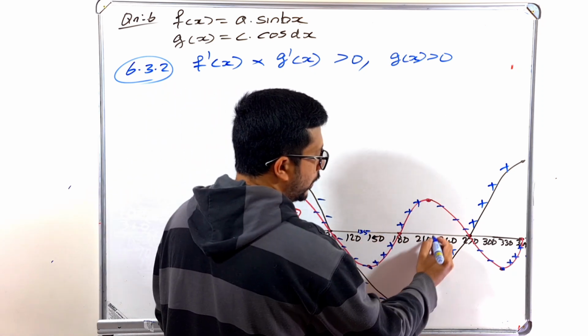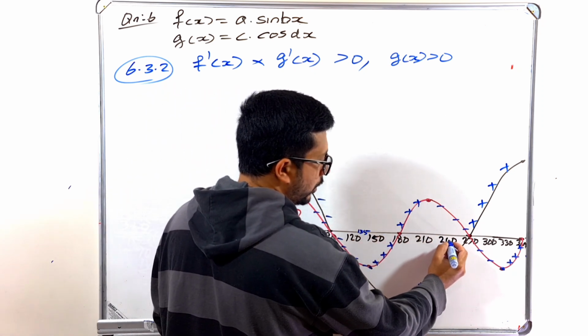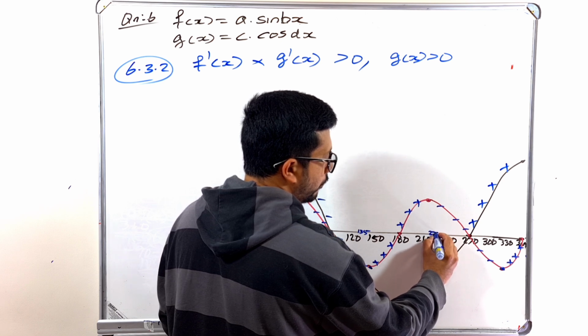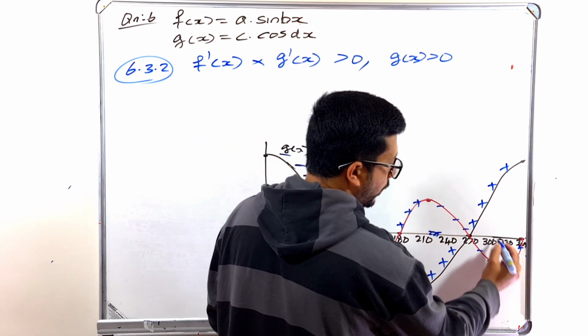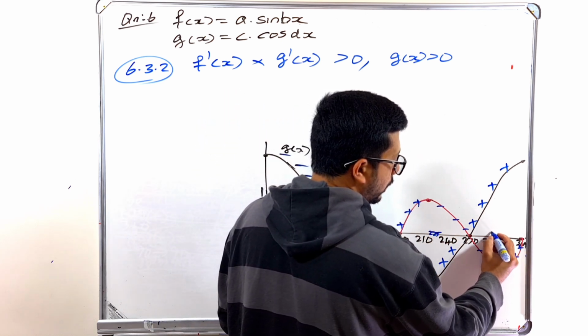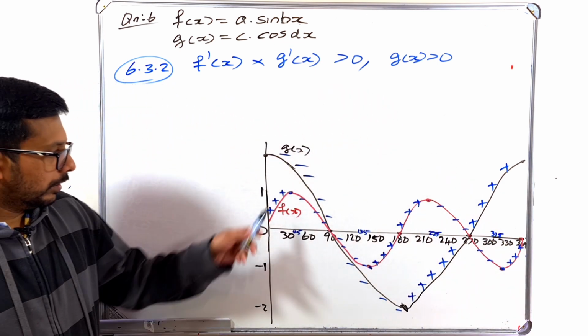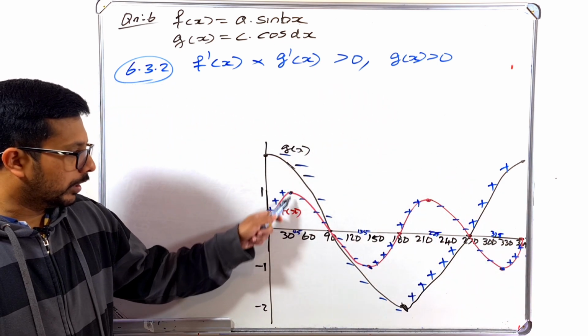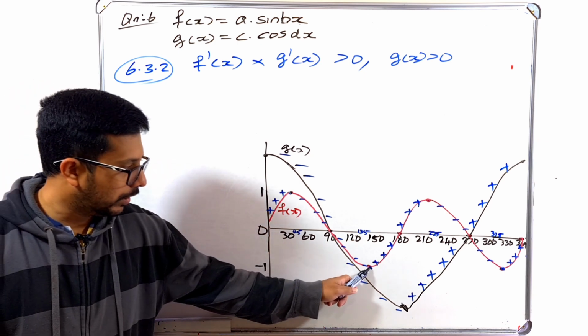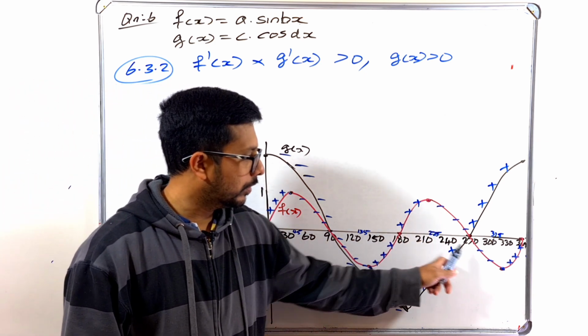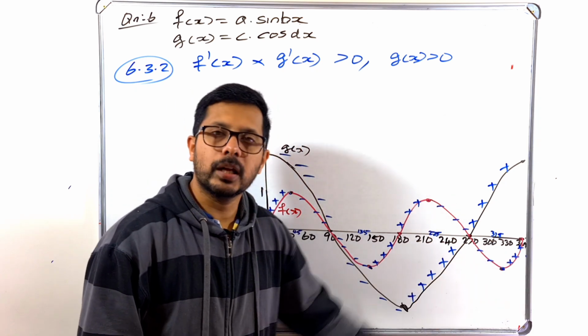This one is the middle of 210 and 240, that is 225. And this one is the middle of 300 and 330, that is 315. I'm talking about these turning points: here 45, here 135, here 225, here 315.